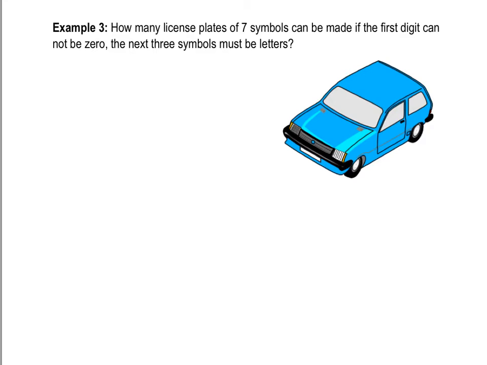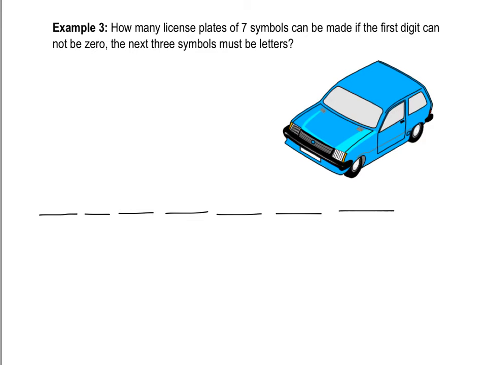Example 3: how many license plates of 7 symbols can be made if the first digit cannot be 0 and the next 3 symbols must be letters? Okay, so first of all, there's 7 total digits, so 1, 2, 3, 4, 5, 6, 7. And I like to make little notes under each one.